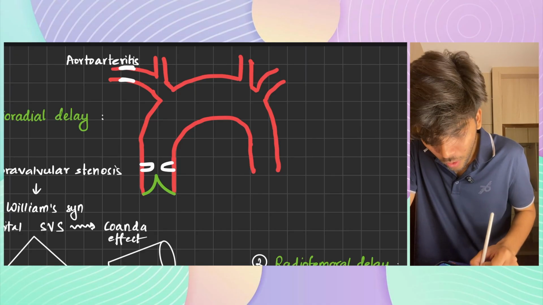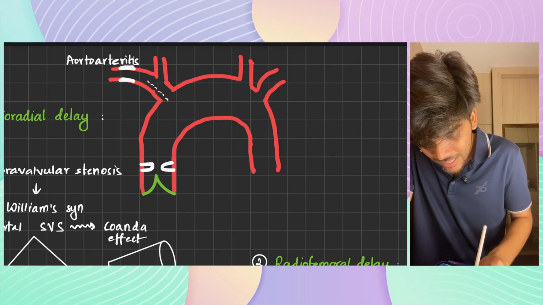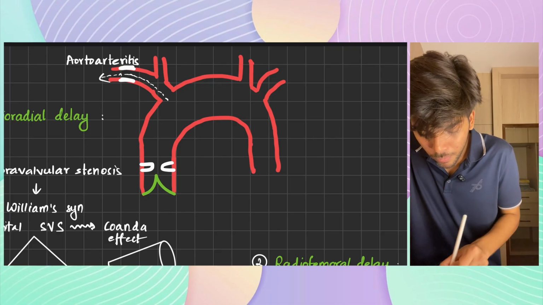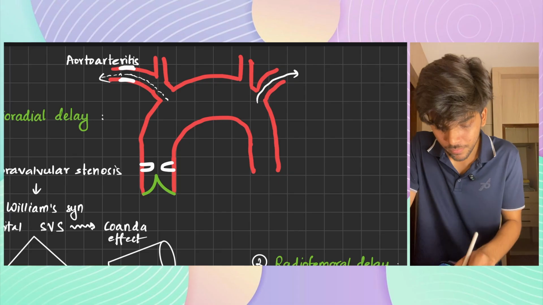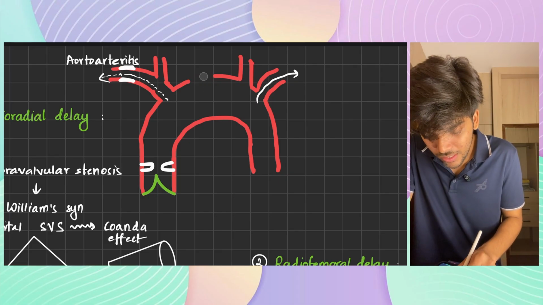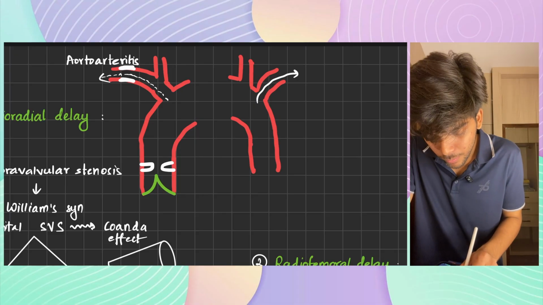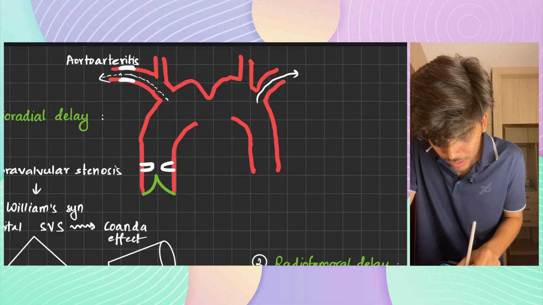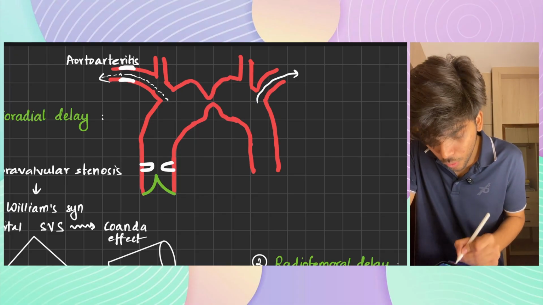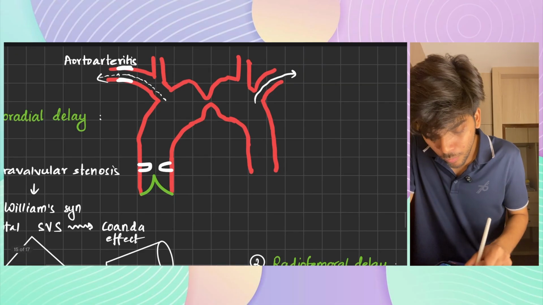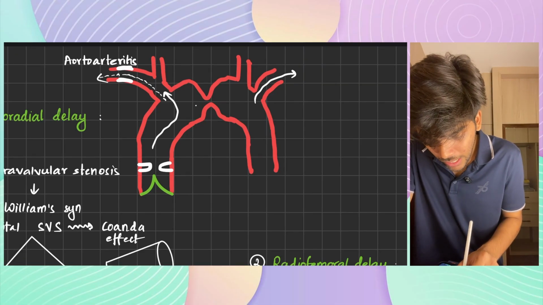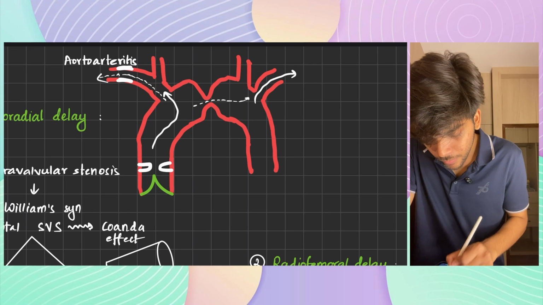As a result, the flow of blood from here is less and the flow of blood from here is more. Third is coarctation of aorta, but pre-subclavian, before the subclavian artery. If there is pre-subclavian coarctation of aorta, more blood will go from here and less blood will go from here.